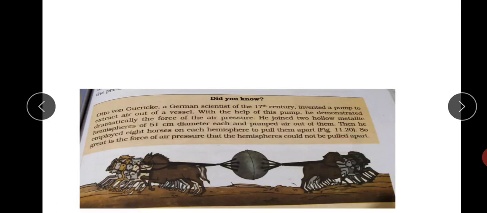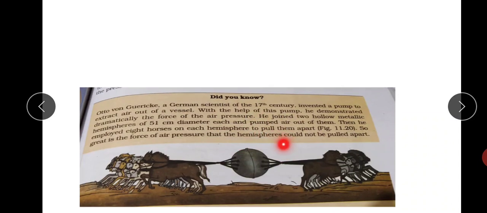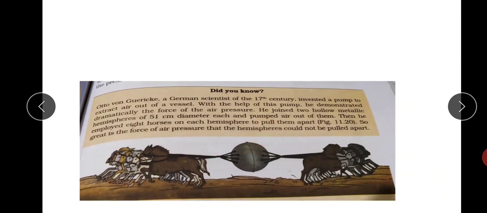So what's happening here? One horse is capable of pulling 109 kg of weight. So he's using almost 16 horses here, but these horses are still not able to pull the hemispheres apart. Why? Because the atmospheric pressure exerted around is more.